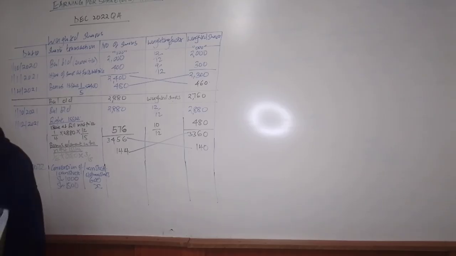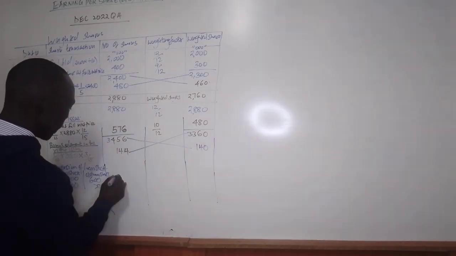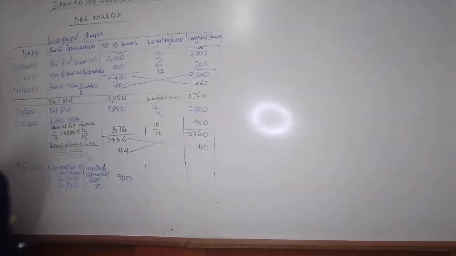So you cross multiply. It will be 15 times 600, then you divide by 1,000. So you will get 900 shares. So they were given 900 shares.